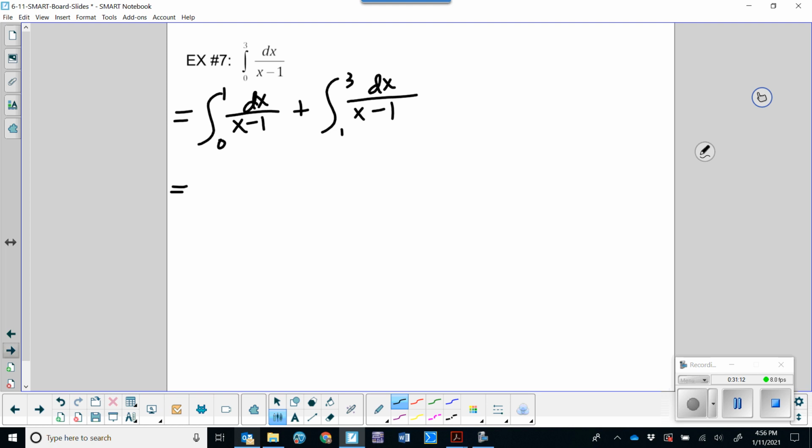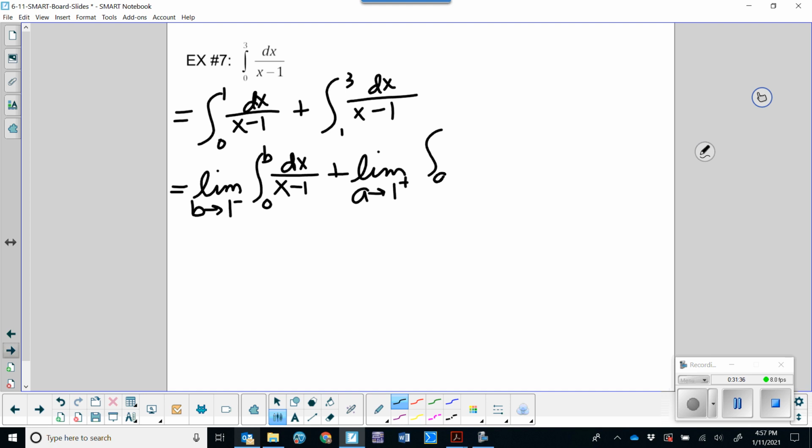Now it's like the last problem. So here I'm going to take the limit as b approaches 1 from the left because I'm going from 0 to 1. So now it'll be 0 to b of dx over x minus 1 plus the limit as a approaches 1 from the right, because I'm 1 to 3, so that's the right side, of a of that same integral.